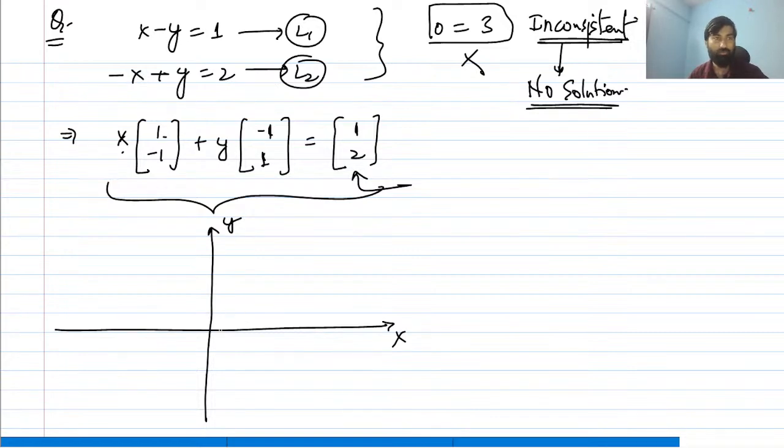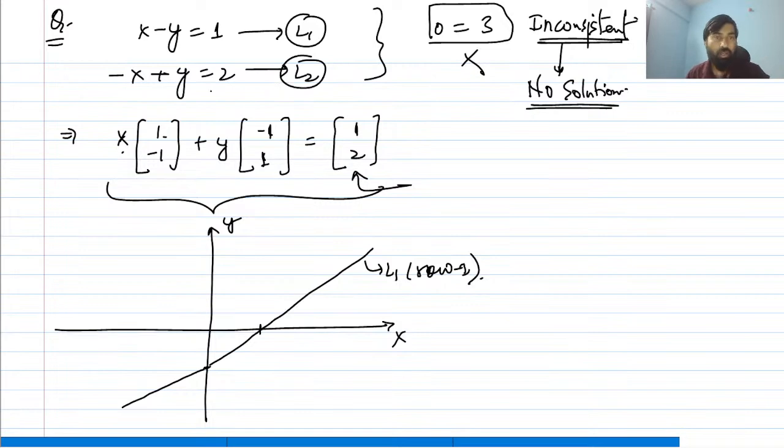If y equal to 0, x equal to 1, so this is a point, and if x equal to 0, y equal to minus 1, so this is another point. These two points you can join. This is line number 1, or row 1.